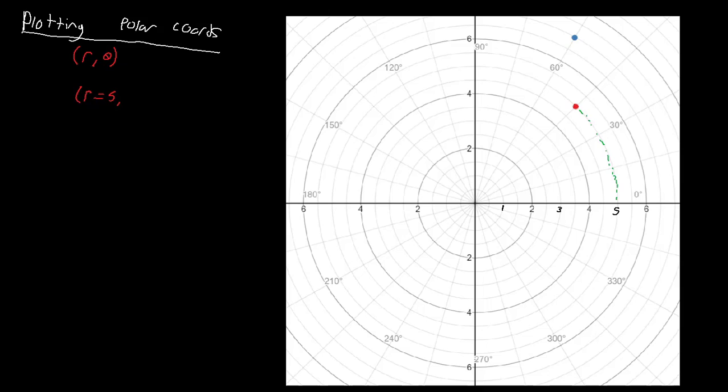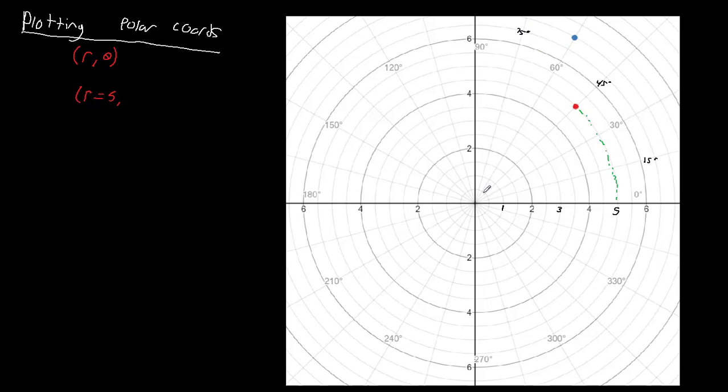Let's take a look. Our theta values are marked in this circle here. So we start at 0 on the horizontal and we move up. This is 30. So halfway between those is going to be 15 degrees. Halfway between those is going to be 45 degrees. Halfway between those is going to be 75 degrees.